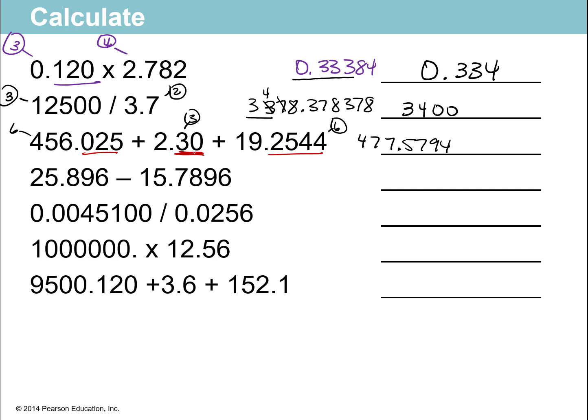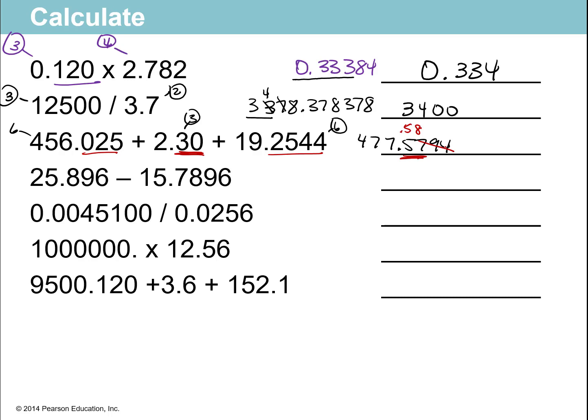So you just look at each one, and in fact, if there's no decimal, you would just round to the ones place. But this one, since it's got 3 decimal, 2 decimal, 4 decimal, I've got to keep 2. So the 5, 7. So the next number is a 9. So what's that going to do? So that's going to be 5, 8. So it'd be 477.58.